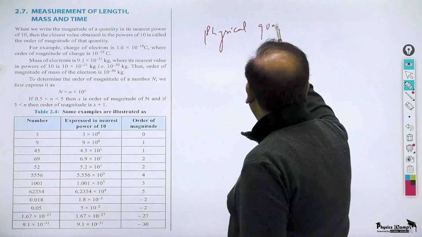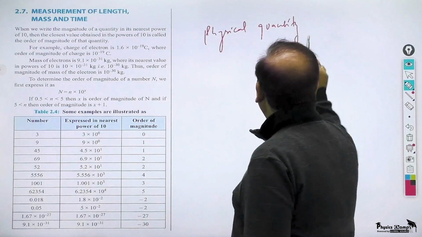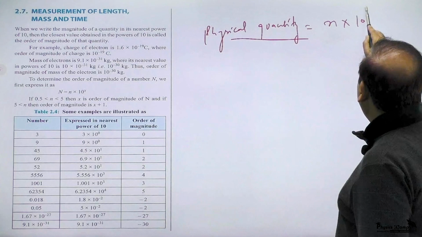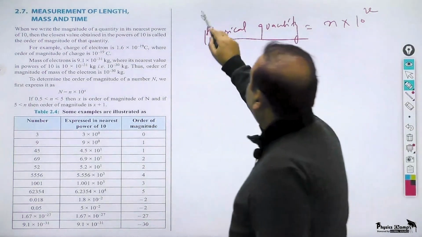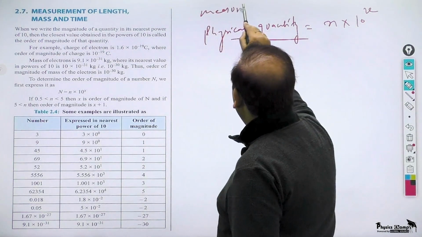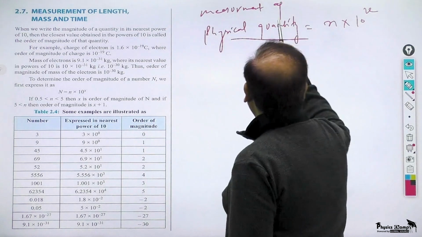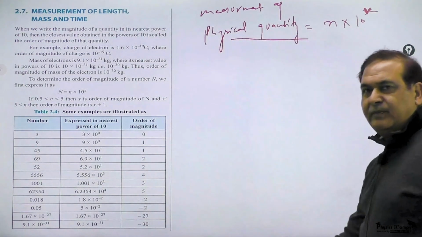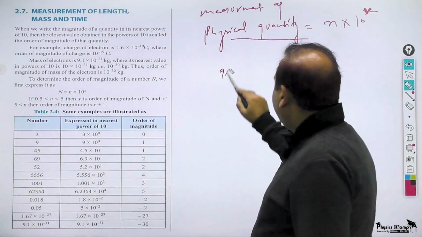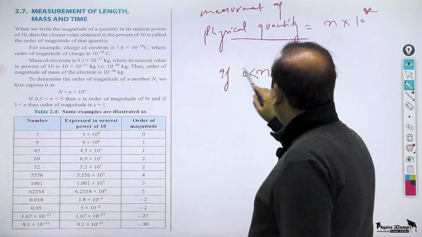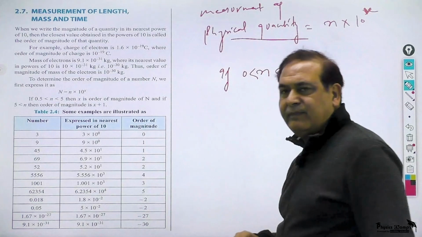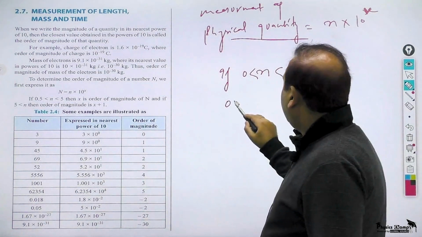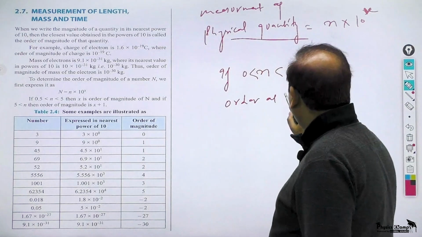Let us now learn how the order of magnitude of a physical quantity would be decided. Say we have a measured value. It has a value n into 10 to the power x. Now, if n has a value less than 5, then order of magnitude would remain x only.